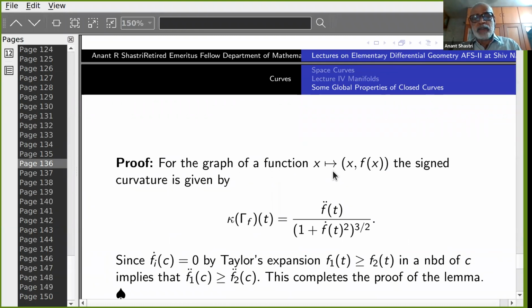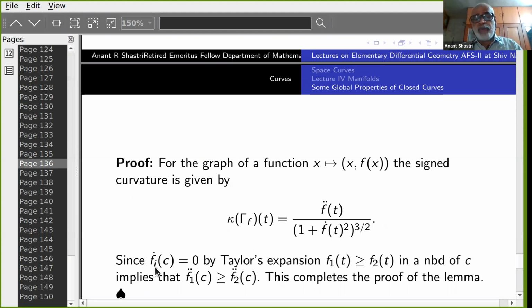For the function x to (x, f(x)), the signed curvature of this graph, k of gamma f. f is the function, gamma f is the graph, k gamma f of t. We have seen that it is equal to f double dot divided by (1 plus f dot squared) raised to 3 by 2. So this is the formula we derived earlier.